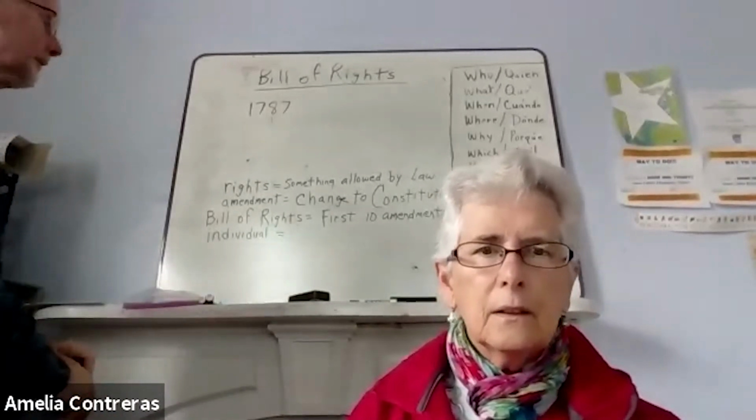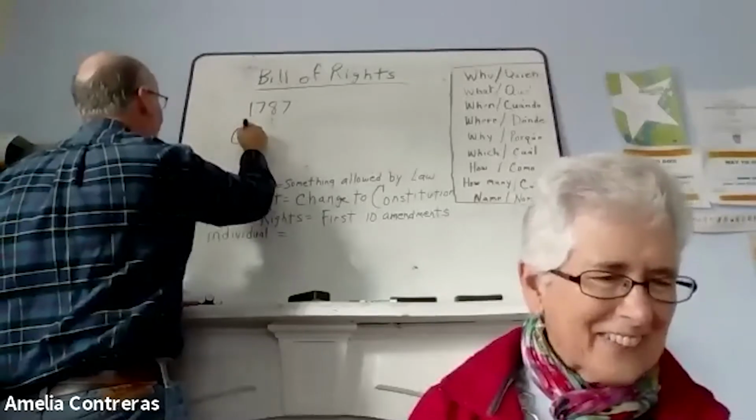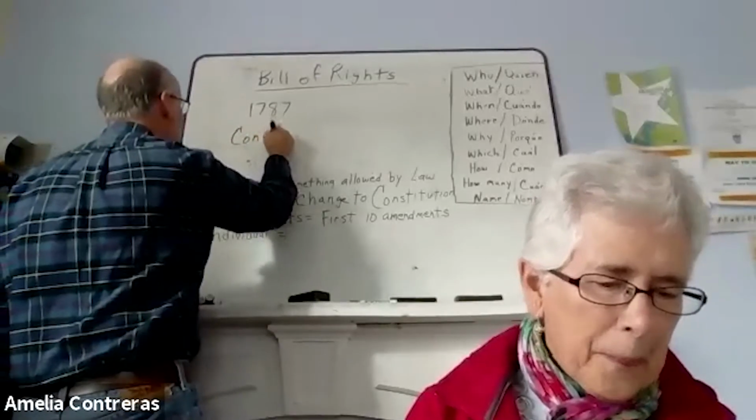As you were speaking, I put a couple of them. Suzanne, scoot over a little bit so she can see the full spelling of Constitution. Oh, for the other people that look at it later, that's right.